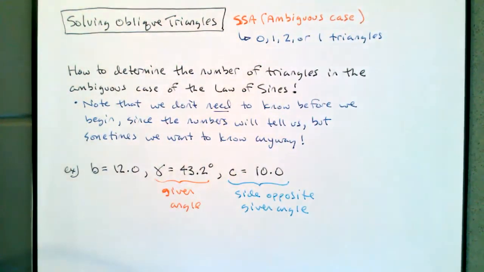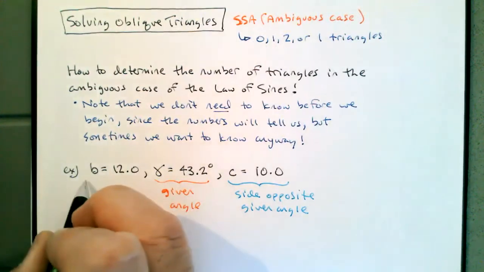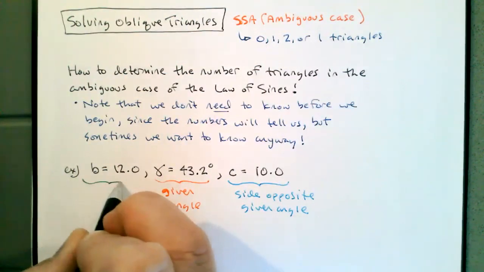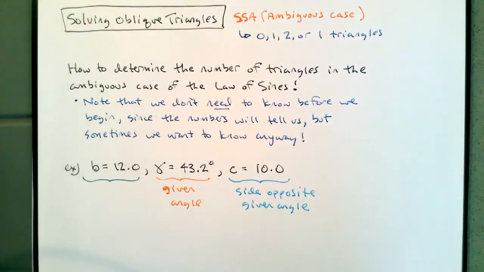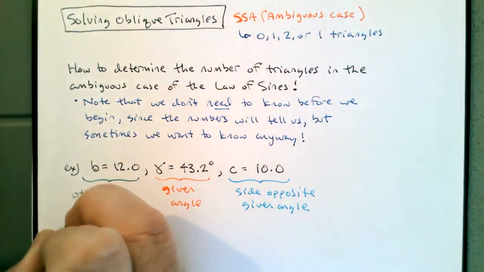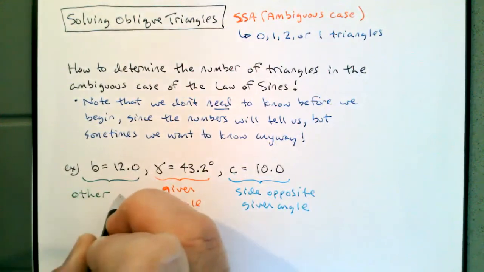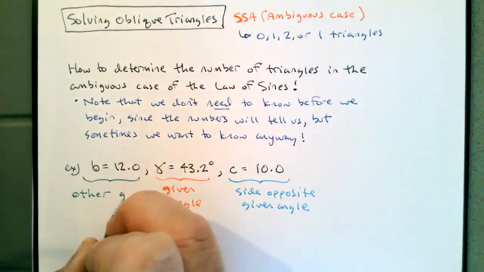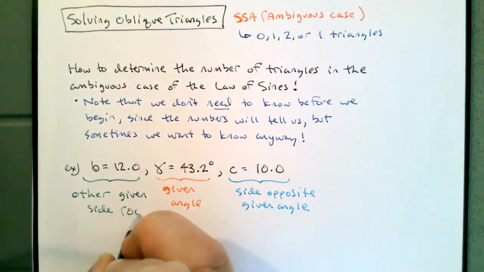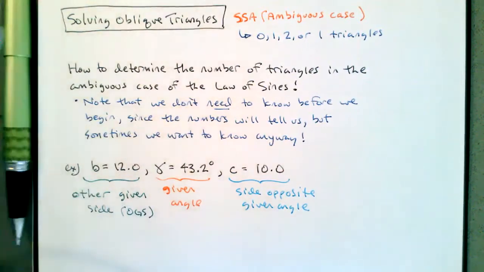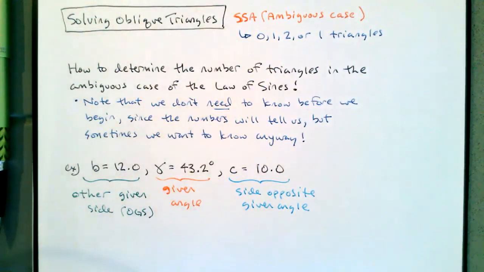And then, in a kind of rude, dismissive way, in the side-side-angle case, I have the side opposite the given angle, and I just label the other side the other given side. It's kind of rude, but it's just a side in a triangle. It's not like it's a person that I'm dismissing. So this is the other given side. So I've got the side opposite the given angle, and the other given side.